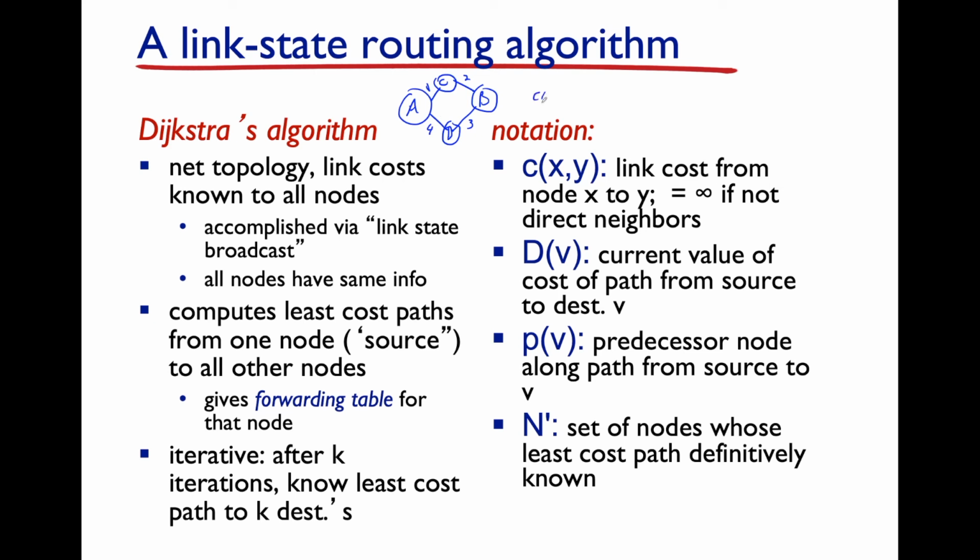So the cost to get from A to D, that link cost is going to be 4. The cost to get from A to C, that link cost is going to be 1. But because they're not directly connected neighbors, cost to get from A to B in this example, that's going to be infinity, right? Because they're not directly connected.